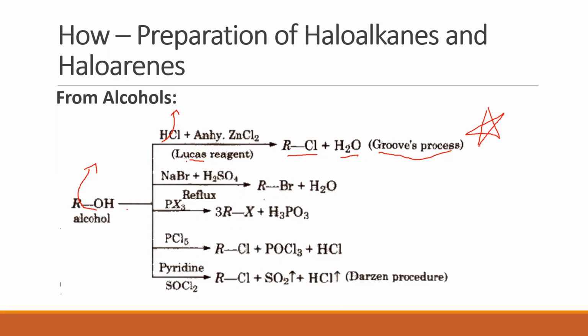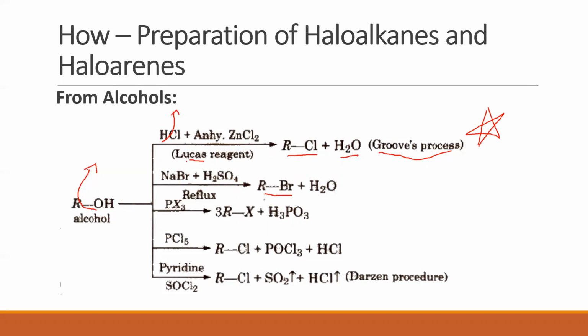In the second method, alcohol is made to react with NaBr in the presence of sulfuric acid, and this mixture is refluxed. Now, when you reflux a mixture of alcohol, NaBr, and H2SO4, we get RBr. What's happening here? Even here, it's the same thing.